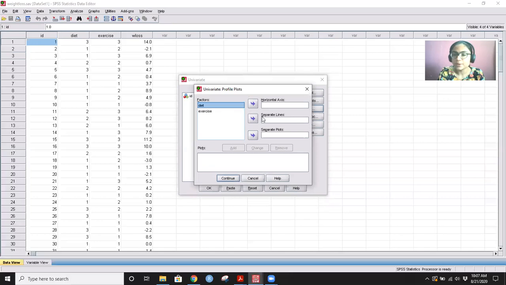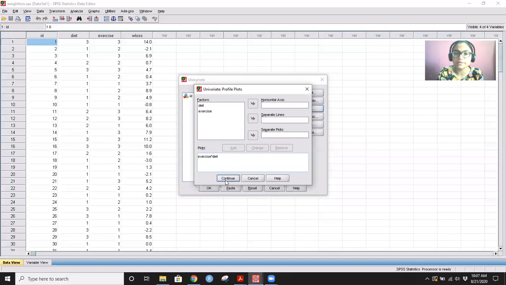And then plots. I told you yesterday also to put the variable with the higher levels on the horizontal axis. Levels means categories. So in our case, thankfully, both of these have three categories. So it really doesn't matter which one goes on the horizontal axis and which one becomes the separate lines. So I'll just put exercise on the horizontal axis, diet on separate lines, and click add.